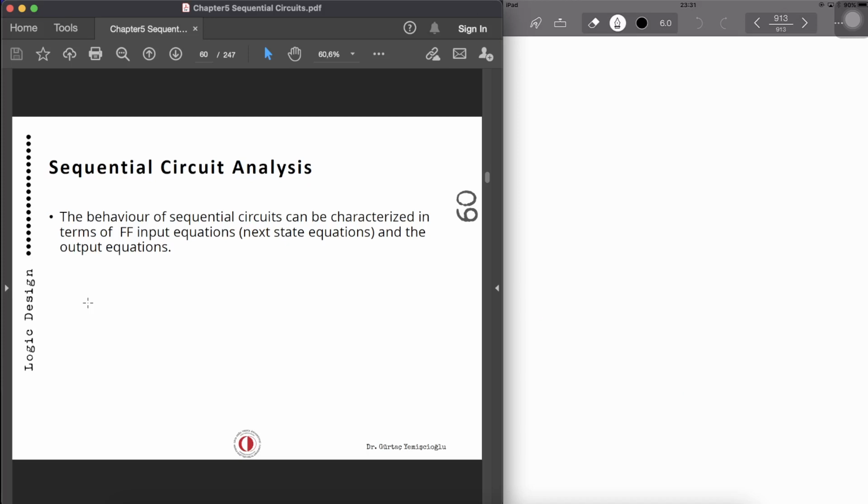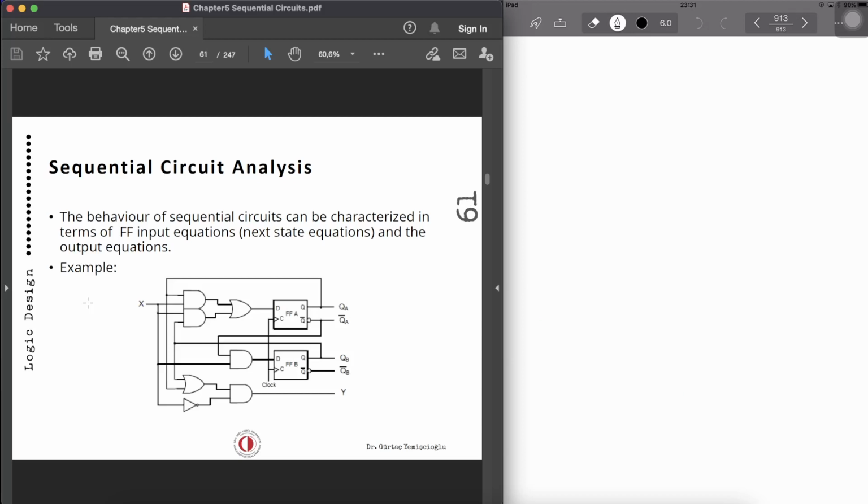So if we have D-type flip-flop, we have to find the input equations, and from that we can derive the next state equations, because we know the input equations that go into the flip-flop, and then we can understand what we are expecting as a next state equation and also the output equations. So here is the first example. Now, two D-type flip-flops are given. Some combinational circuits are over there. We have got outputs and we have got some feedback paths and input X.